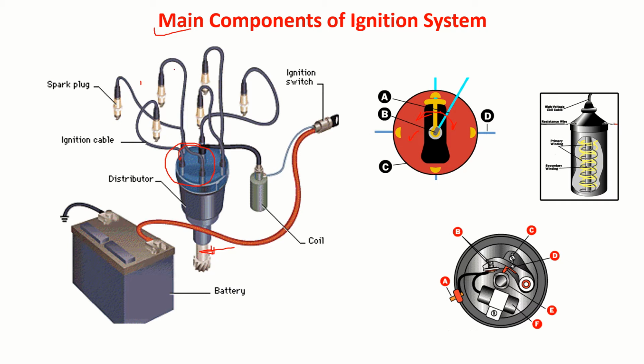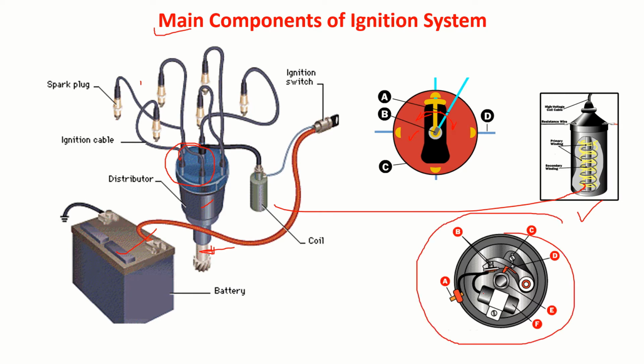Okay, this is the battery, this is the rotor, and now the ignition coil, all this system, you can see. So how exactly does a coil look? As I told you, there will be primary windings and secondary windings, and second one is the condenser part of it, and the other one is the contact breaker part of it. Whatever I have already explained, the same thing has been shown over here.